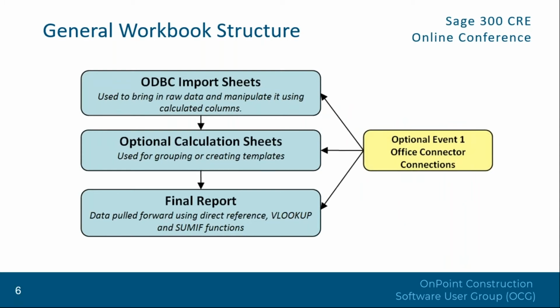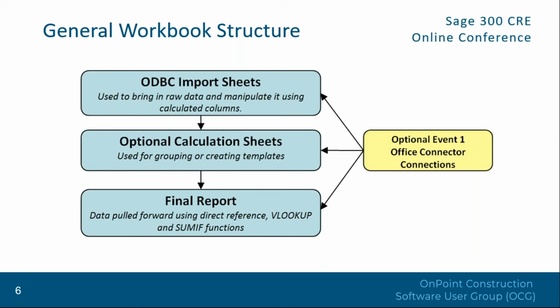I have several worksheets, and what I'm doing with the worksheets is I am using ODBC, and I'm just bringing in raw data. I'm bringing it in from Sage, or I'm bringing it in from somewhere else, okay? So you're going to see in the example that I have a sheet that brings in the current open jobs.